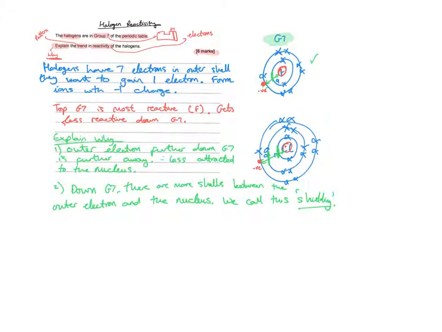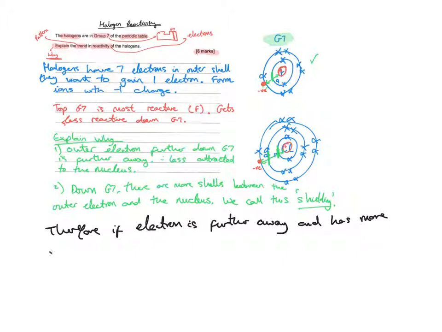So now I need to bring this all together so that it makes a bit more sense and use these other keywords that I need to include. So yes, the electron's further away, and yes, there's more shielding. So therefore, if the electron is further away and has more shielding, it will be less attracted to the nucleus.